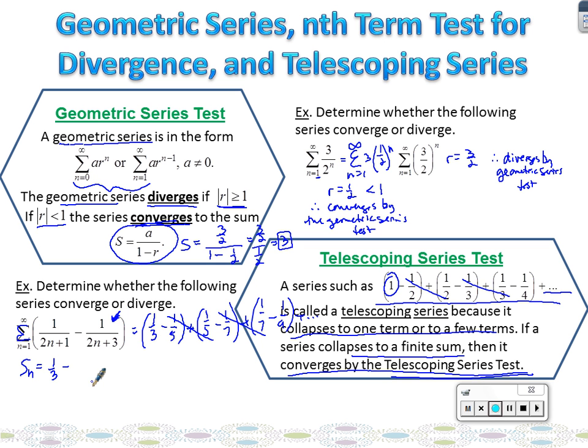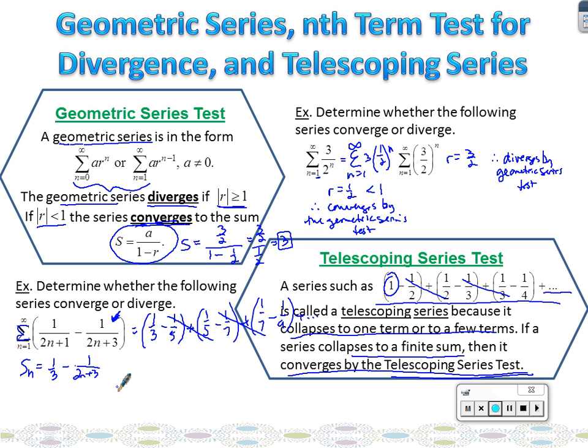Whatever I put here needs to generate these numbers right here. The thing that would generate this number would be, if I put a 1 in, I would get a 5. And what would generate this number is if I put a 2 in, I'd get a 7. And what would generate this, if I put a 3 in, I would get a 9. And see, that's exactly what this does, doesn't it? So this is what's left.